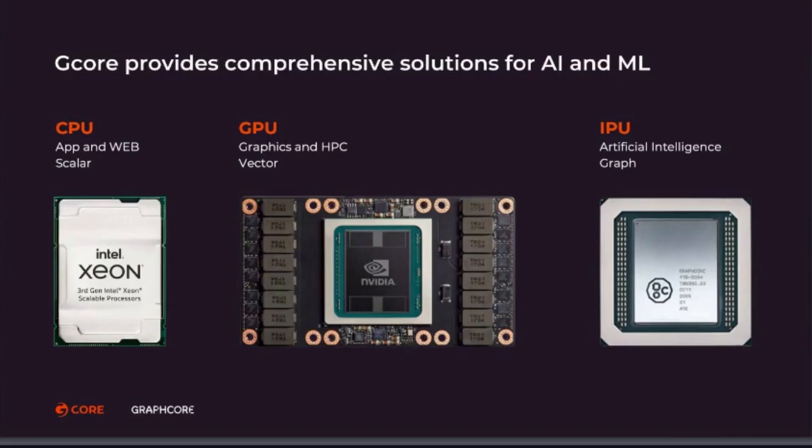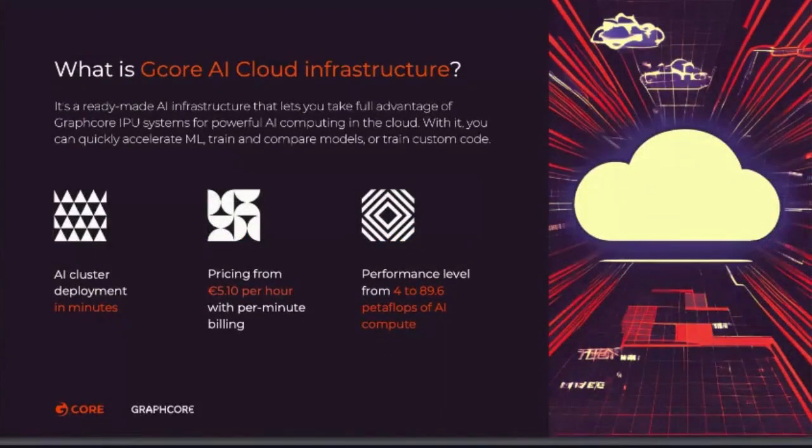The next slide. So what is the Gcore AI Cloud Infrastructure, or IPU Cloud? The hardware is a very important thing, which we already described, but how do you get this hardware? We provide a simple tool where a customer can bring up an AI cluster, similar to creating a new virtual machine or bare metal.